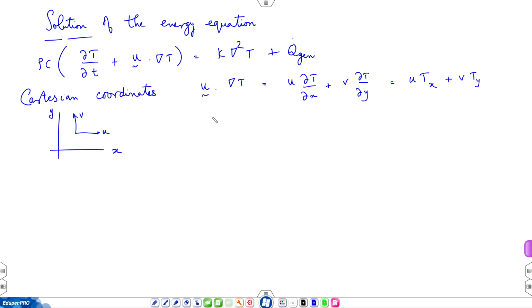Similarly, del square T will be T_xx plus T_yy plus T_zz if it is 3D. So, this is the 2D form. Okay. And q generation, this will be a prescribed quantity.